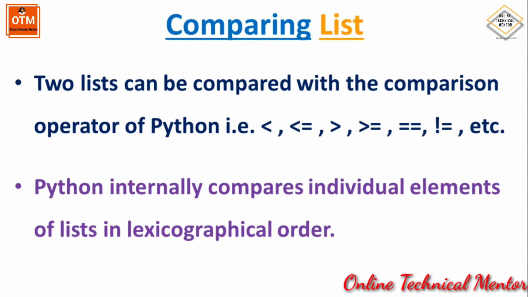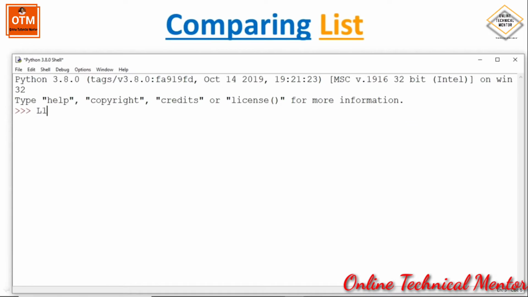Let me demonstrate a comparison. First of all, let me initialize two lists, say L1 and L2. L1, L2 equal to, suppose my first list is 10, 20, 30 and the second list is 10, 20, 30. Both are the same.